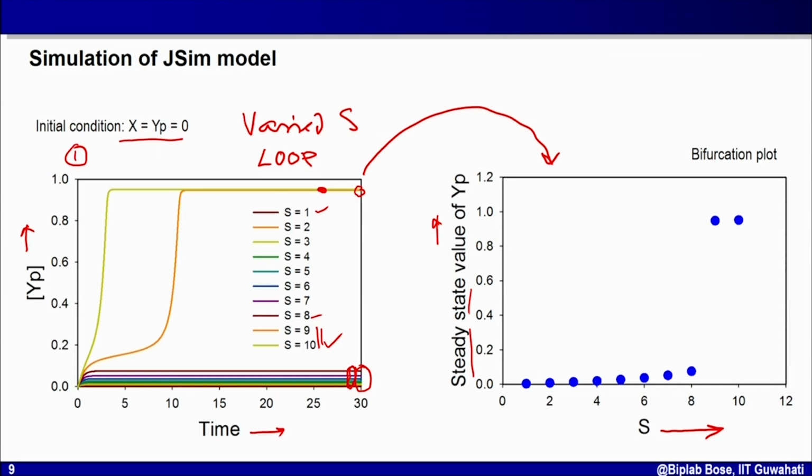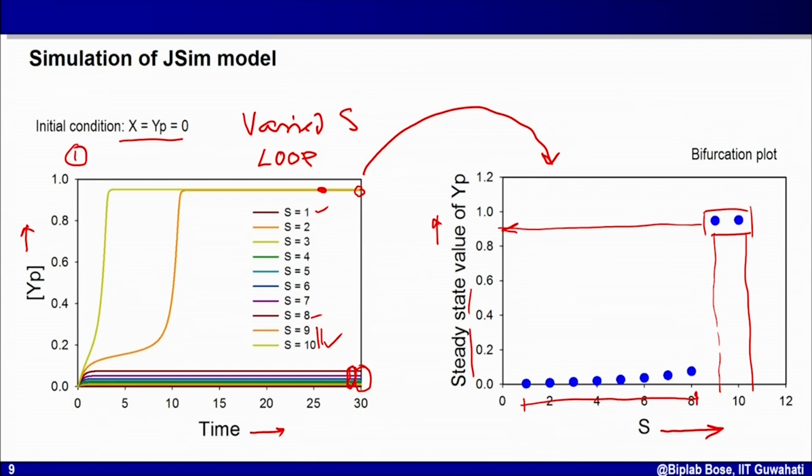So I have plotted those values and you can easily see when s is higher, around 9 and 10, I have a steady state which is a higher value, near 1. Whereas in these regions from 1 to 8, my steady states are low and close to 0.1.